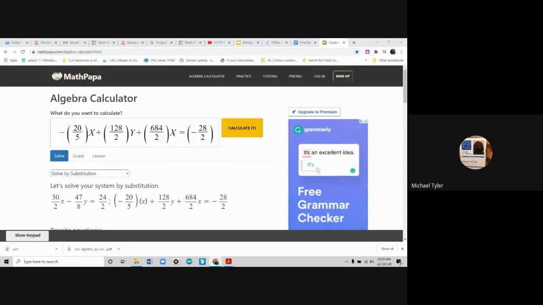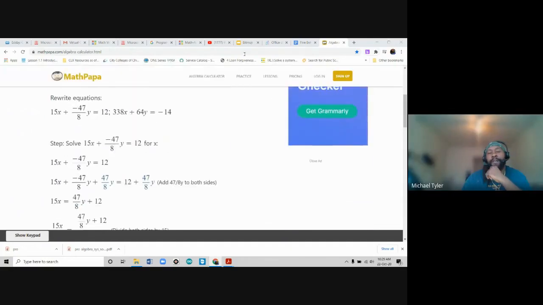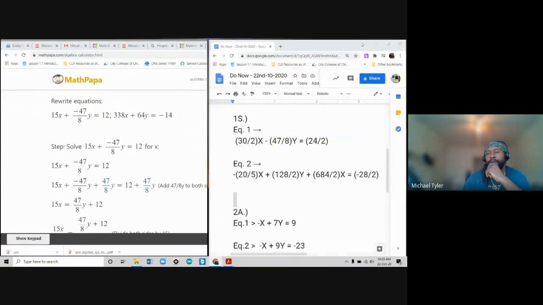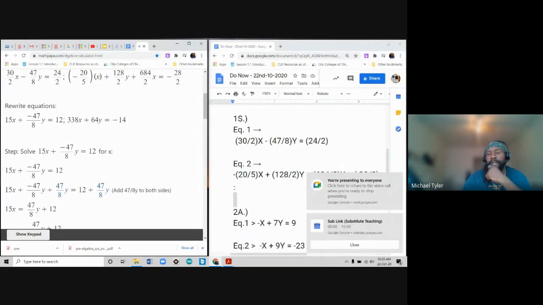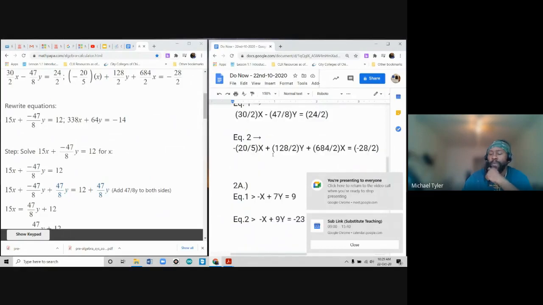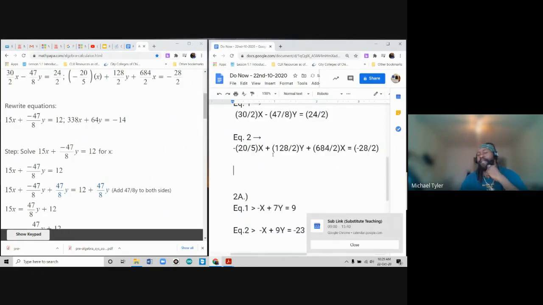So now all we need to do is take all these steps and put them into our Google Doc. That is everything that goes underneath here. When you guys do this, if we had other people that came in, I think because it's a rainy day nobody's here, that's my opinion, they're going to want to just use a calculator and not know what they're doing.